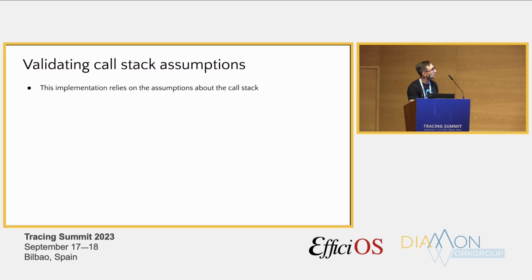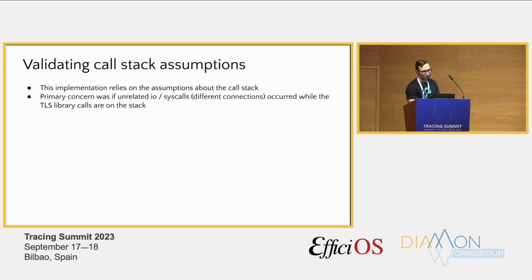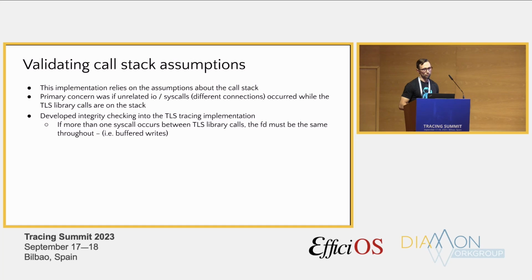This implementation really relied on the fact that we were correct about being able to make these assumptions about the call stack. Our primary concern was that there could be unrelated I/O or syscalls occurring while the TLS libraries are still on the stack. So in order to gain confidence in this solution, we developed an integrity checking mechanism.